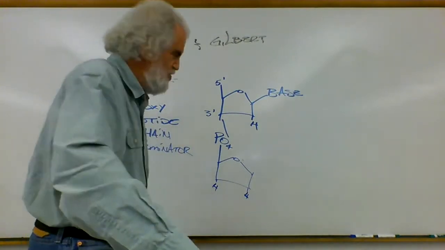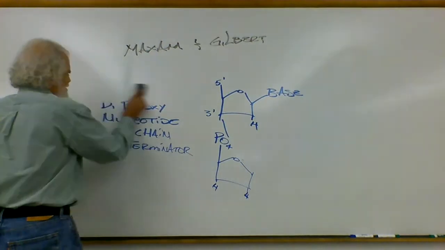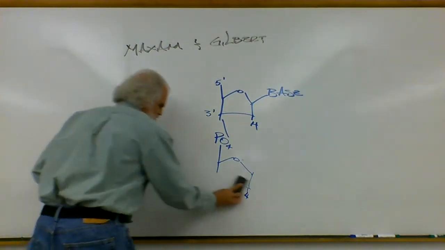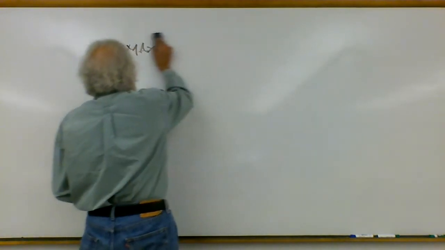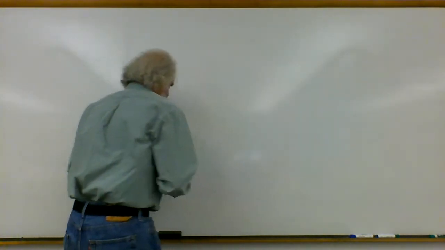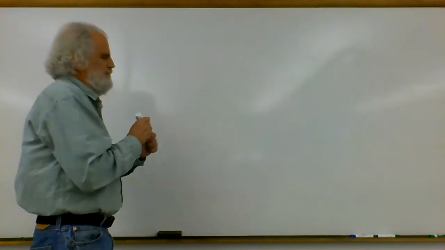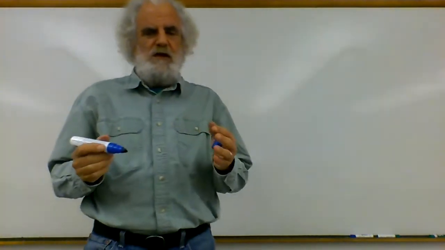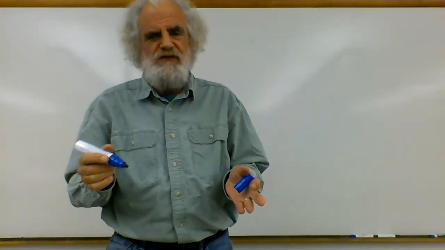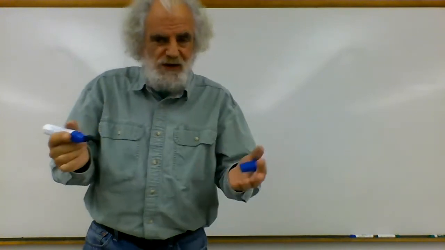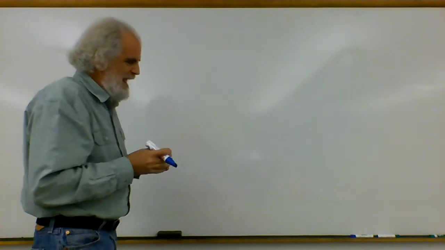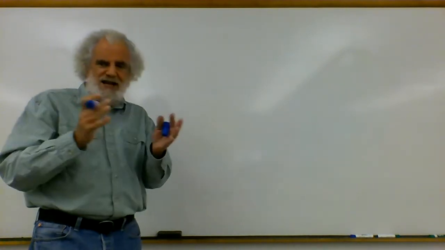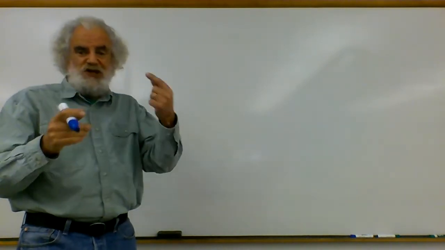So the original way you would do a Sanger DNA sequencing reaction is like this. There's a couple of different ways you can play with this. The easiest way to think about this is you take your double-strand DNA molecule and we're going to heat it up so it's single-stranded.